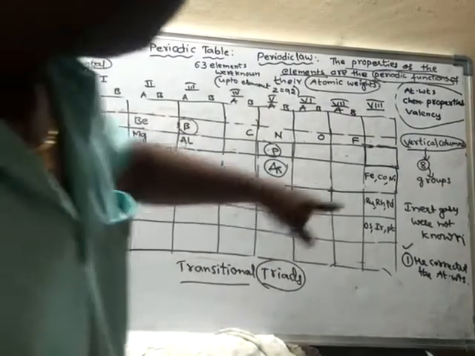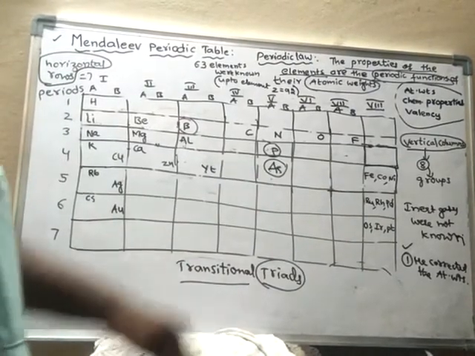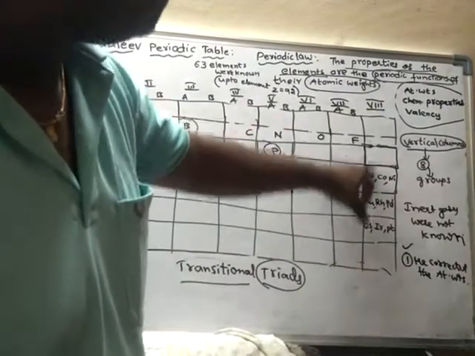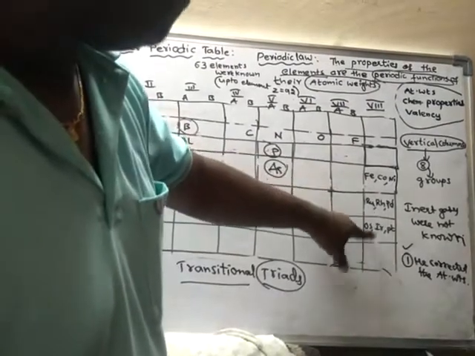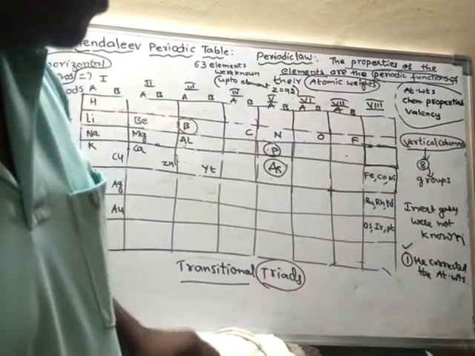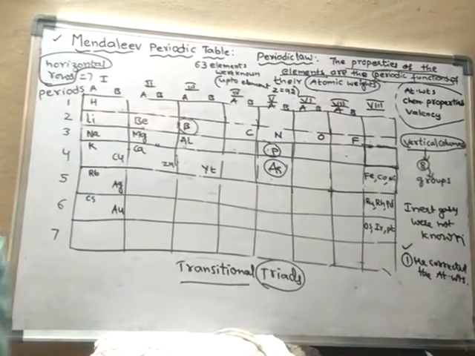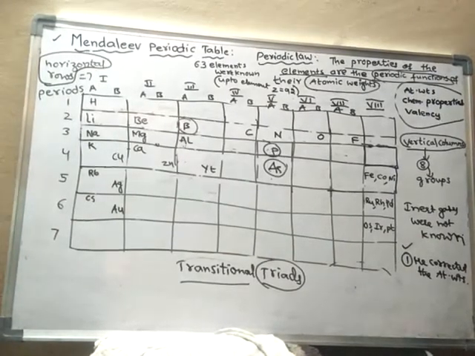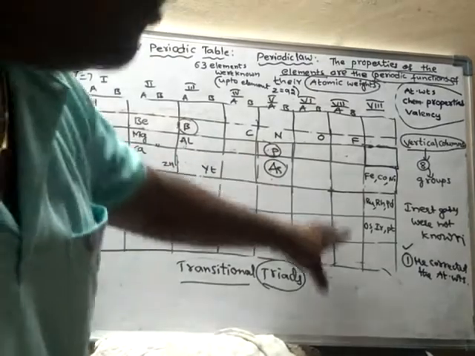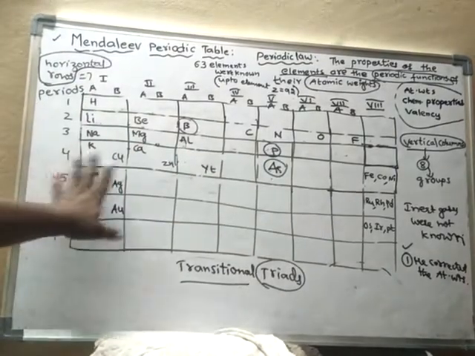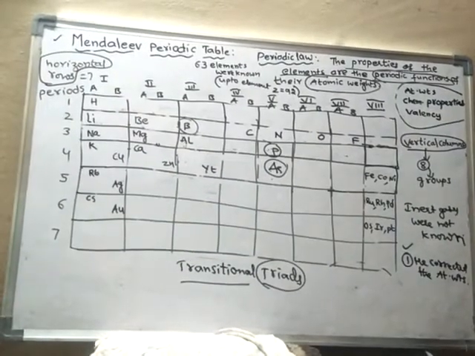He considered only these elements as the transitional elements, and he said, I have given all the transitional elements a separate group, I have made them into 3 transitional triads. But in reality, there are so many other transitional elements also which were spread throughout the periodic table.